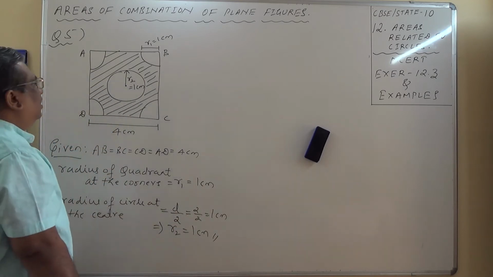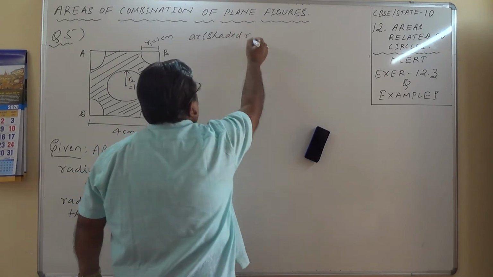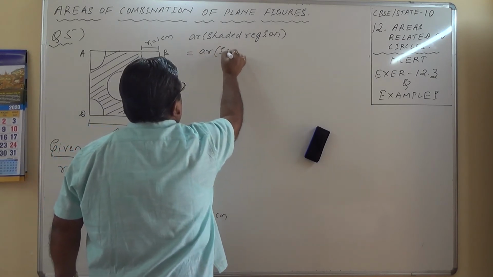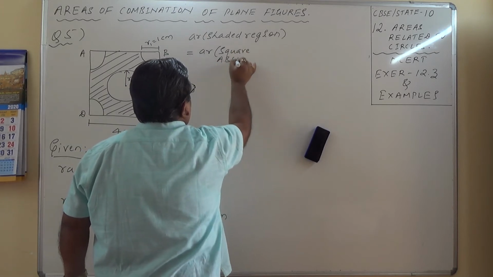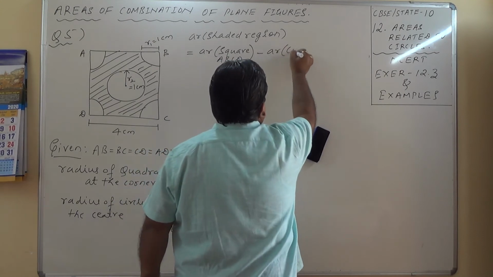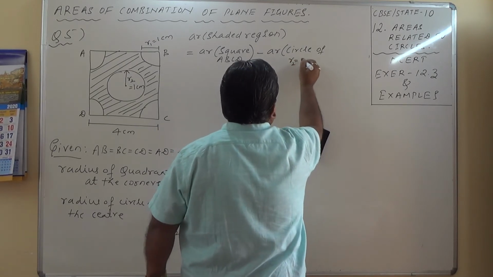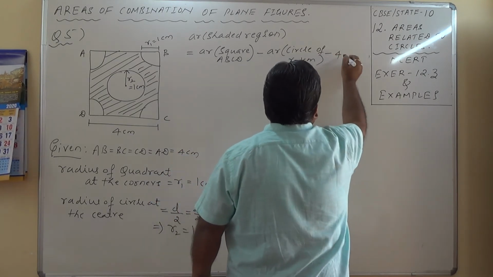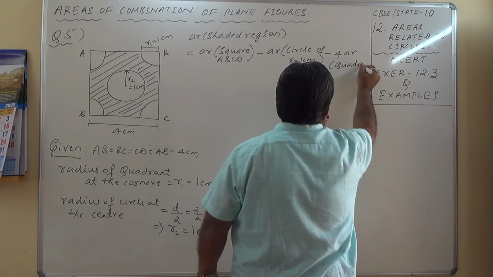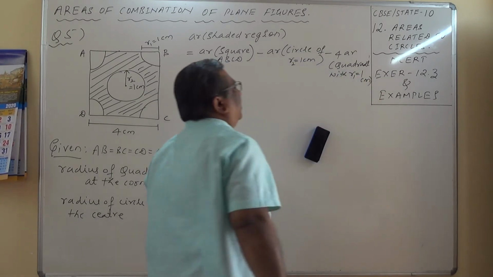So area of the shaded region is equal to area of square ABCD minus area of circle of R equals R2, R2 equals 1 centimeter, minus 4 times area of quadrant with R1 equals 1 centimeter. I hope you are able to understand.